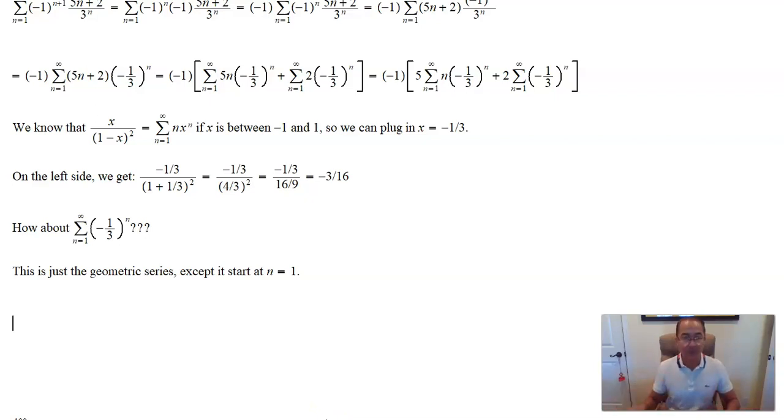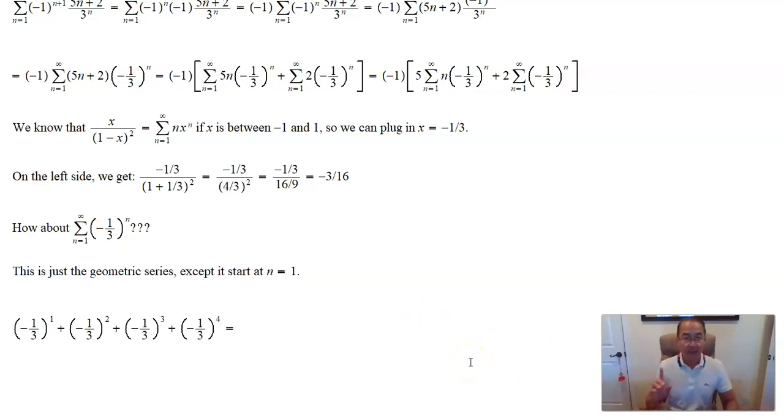Okay, so here's what I mean, because this part, a lot of people get confused. This goes from 1 to infinity. So if we look at the first few terms, you'll get minus 1/3 to the 1, plus minus 1/3 to the 2, plus minus 1/3 to the 3. Let's stop at minus 1/3 to the 4th. It goes on, of course.